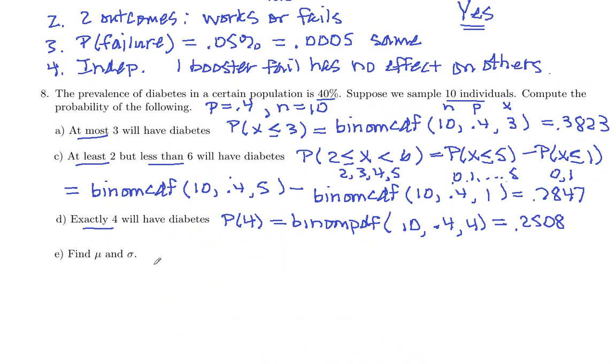And then mean and standard deviation. So this is binomial. For binomial, mean is just n times p. There were 10 trials, and p is 0.4. So 10 times 0.4 is 4. And then your standard deviation is square root of np(1 minus p).